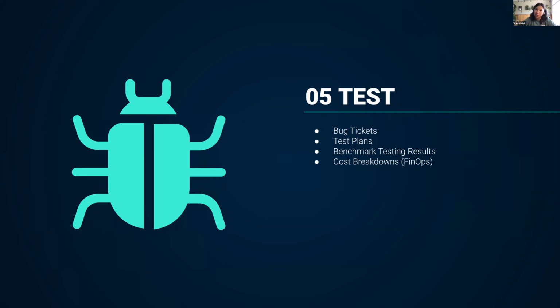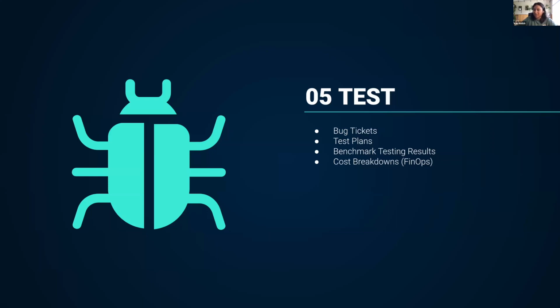So we'll do a benchmark and cost breakdown together, and we call cost breakdowns FinOps, or financial operations. What we're doing there is really trying to figure out, maybe for our product specifically, how much does it cost for us to host one SLO unit?